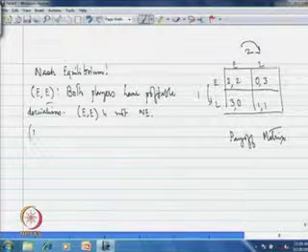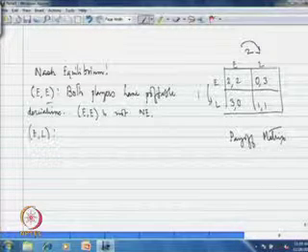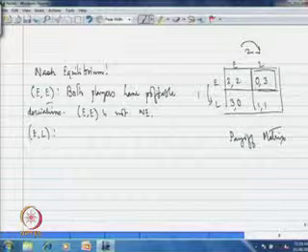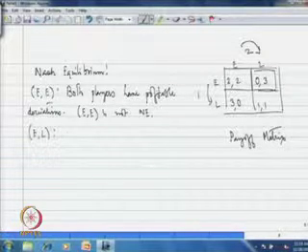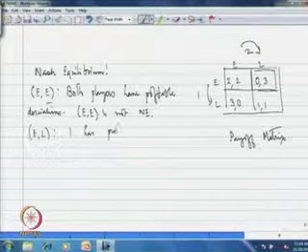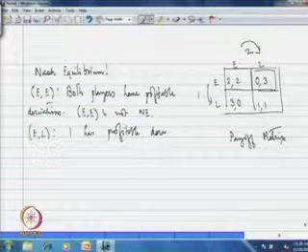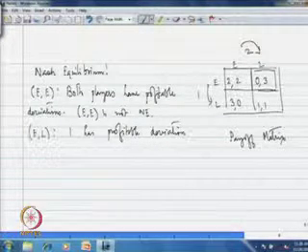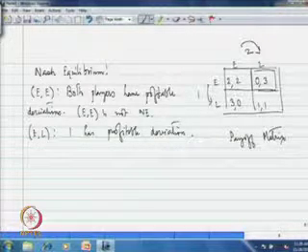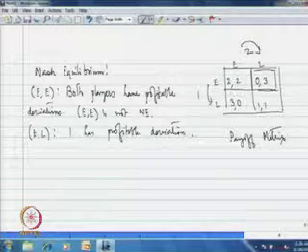What about, let us say, EL? We are looking at this action profile EL. Here player 1 has a profitable deviation. Essentially, player 1 is choosing early and player 2 is choosing late.